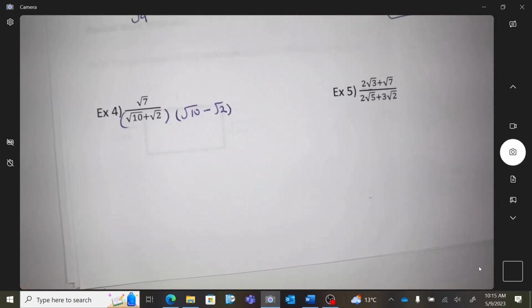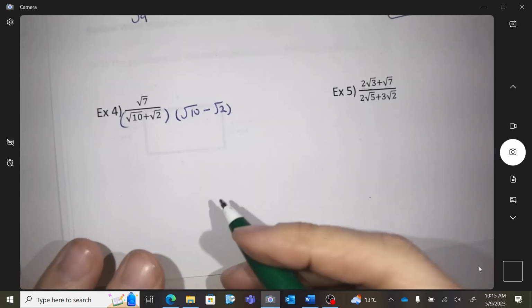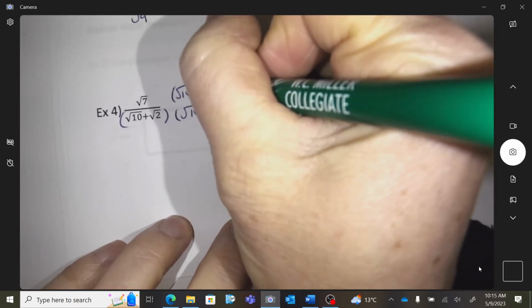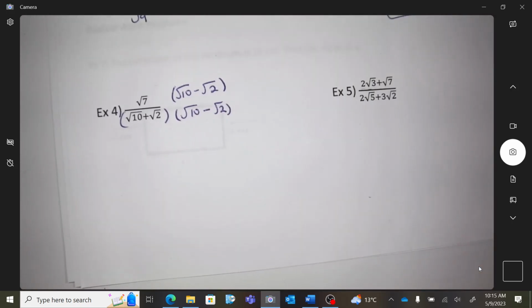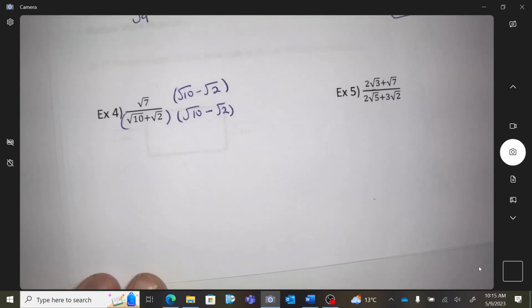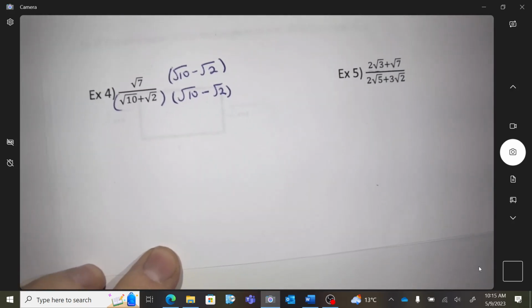Do you remember what a difference of squares is? X plus 3, x minus 3? That's the same thing as a conjugate. It's just the same binomial with a plus minus. What you do to the bottom, you do to the top. Okay.